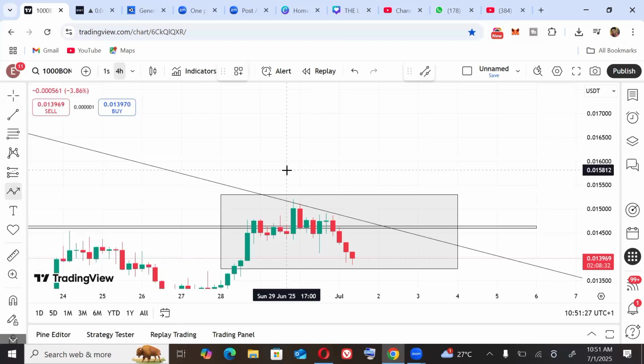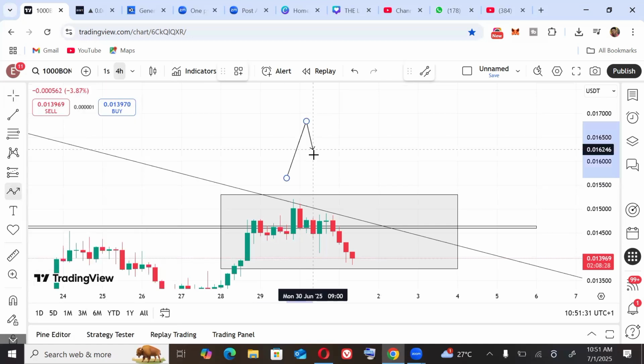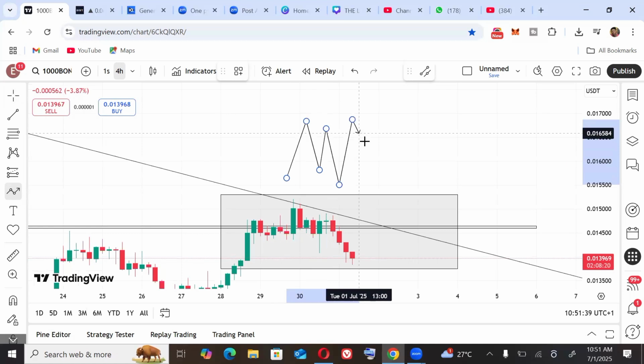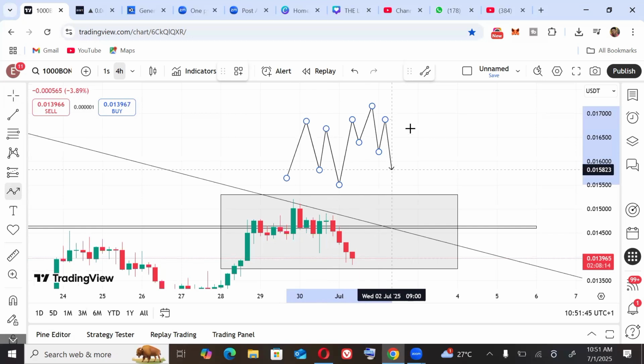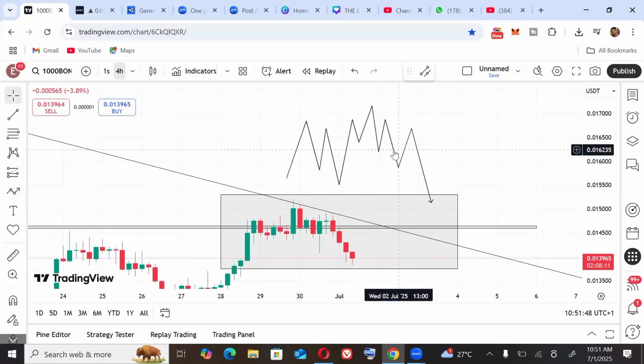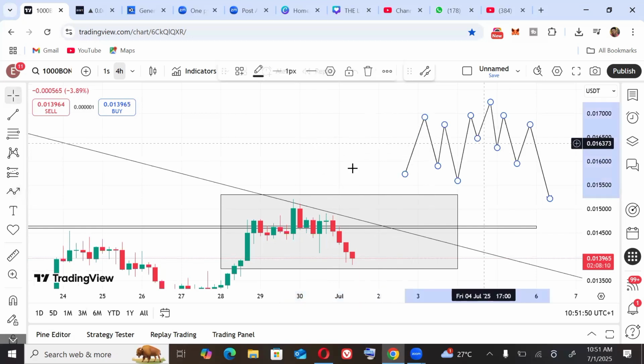I want to look for this schematic, this distribution schematic.